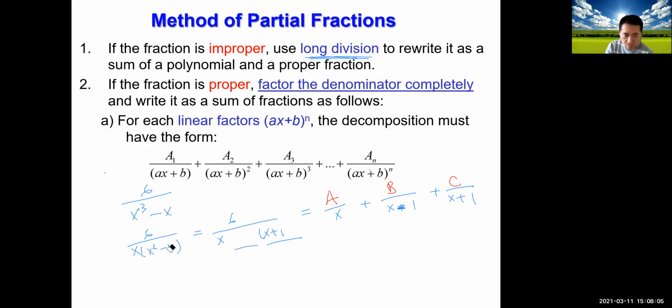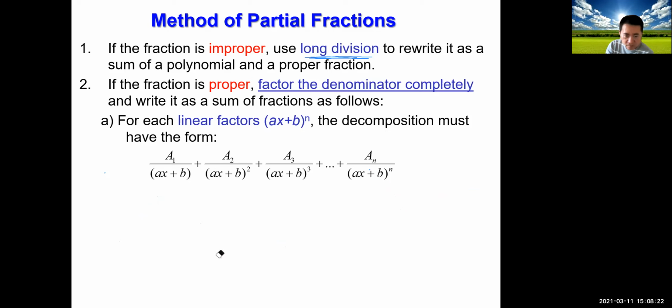Let me look up something. Let's do a completely different example.